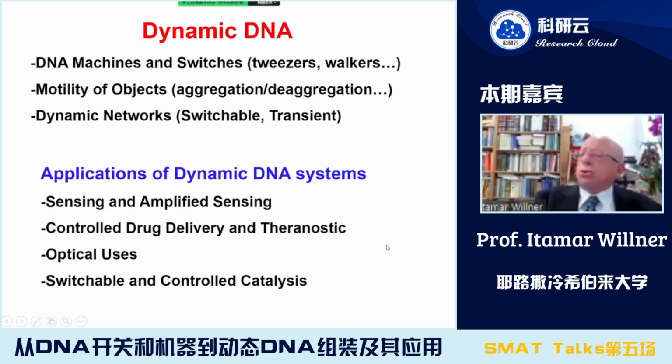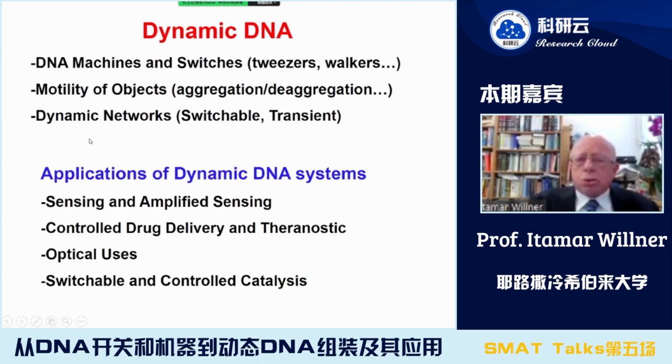Now, how did we come to this idea? We were very active in developing DNA machines. We were very active in developing objects that are modified by DNA and have some motility properties like aggregation, deaggregation. And this led us to the possibility to use the DNA as a functional material to develop dynamic networks.